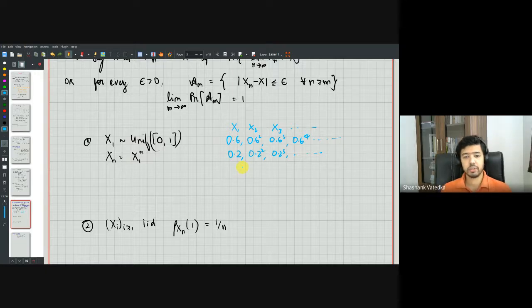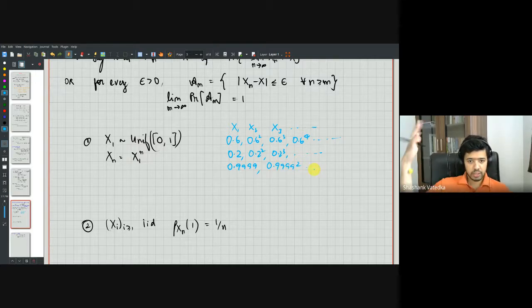Because no matter which number you start off with, it may be 0.6 or 0.8 or even 0.9999. So X1 is 0.9999, X2 is 0.9999 squared, and so on. As you keep raising it to the nth power, eventually this will just die down to 0.